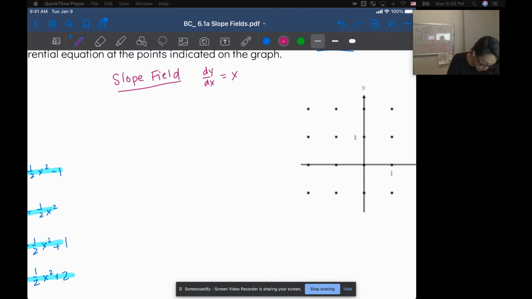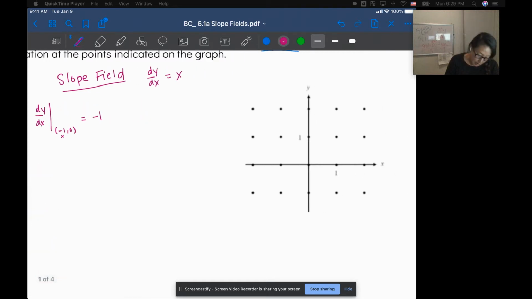So I'm going to start with dy dx evaluated at (-1, 0). And remember, we're plugging in for x, so my x value is -1. So the slope at (-1, 0) would be -1.